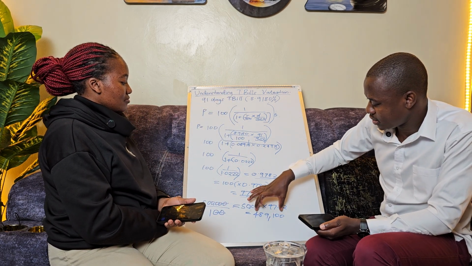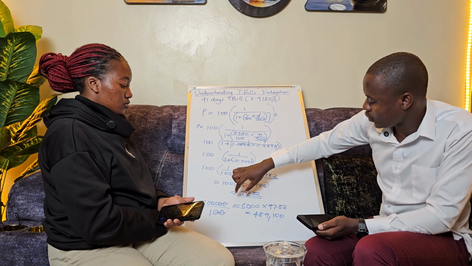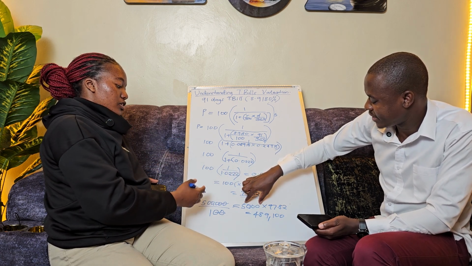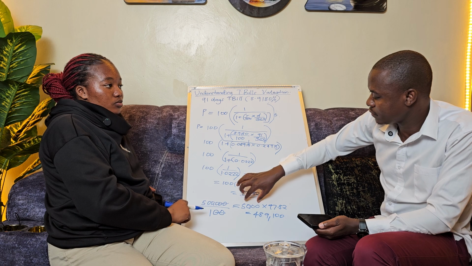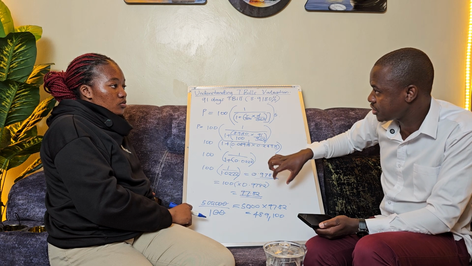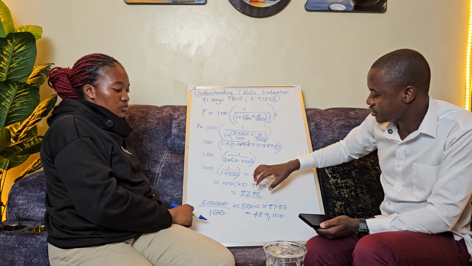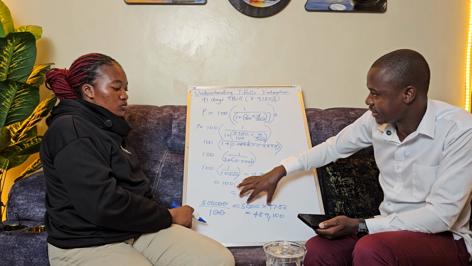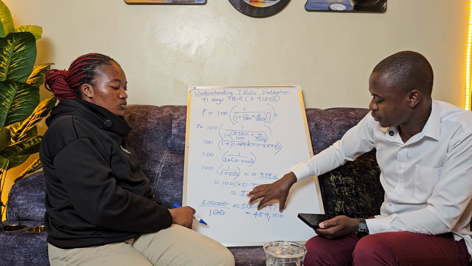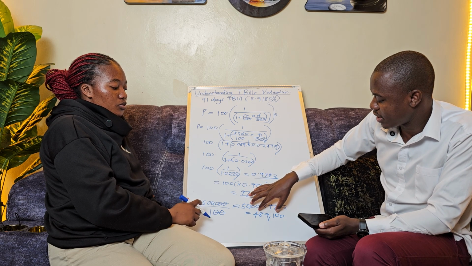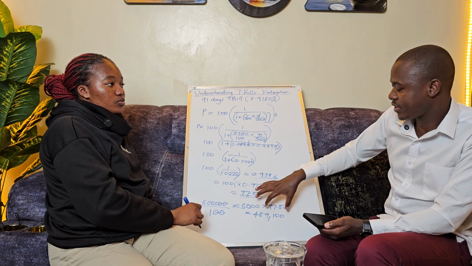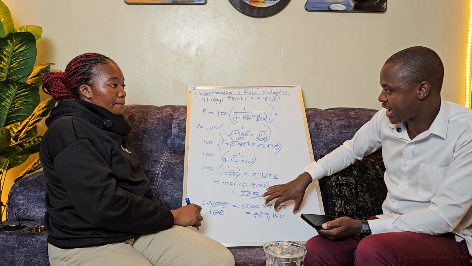So you are investing 500,000, but with a Treasury Bill you are lending government money. So instead of sending government this 500,000, you are supposed to pay 489,100. But there are some things that you have not included here, so we are not done.